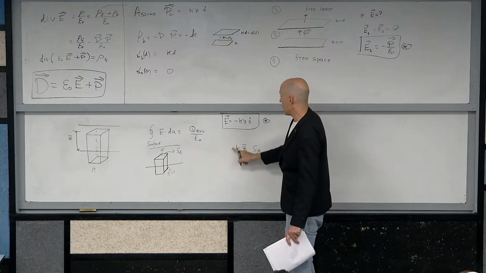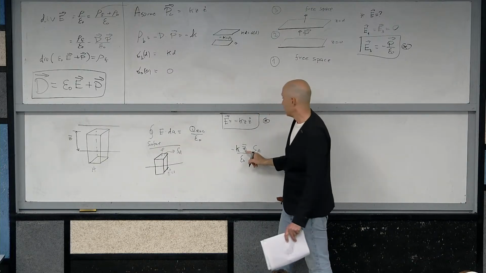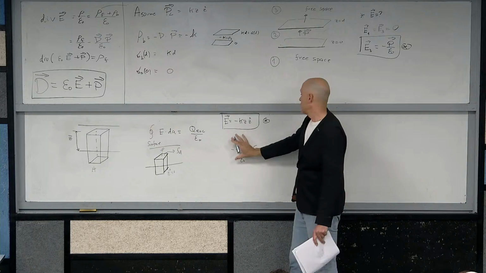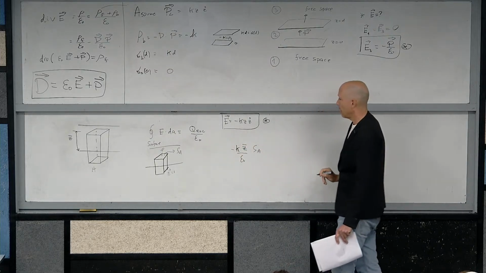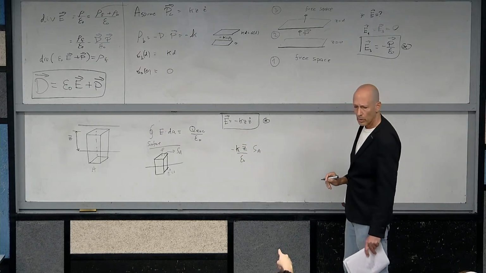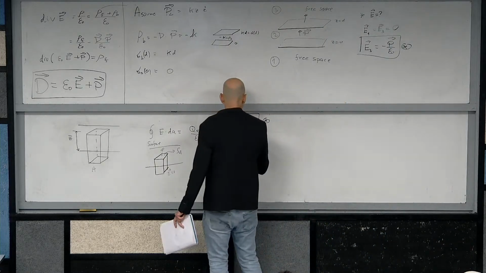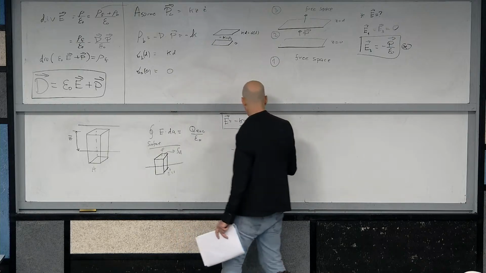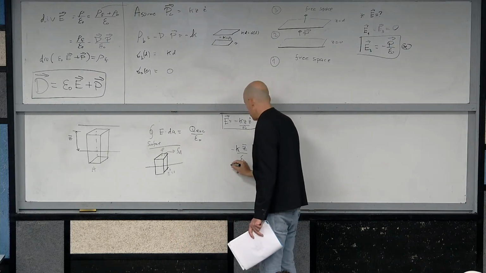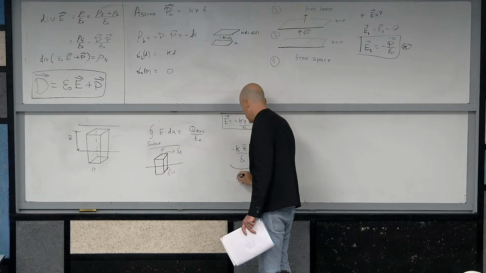So I just write here for this side the flux on top only. It's the field divided by epsilon 0. Yes, sure, divided by epsilon 0. Thank you. And this is this integral E dA.